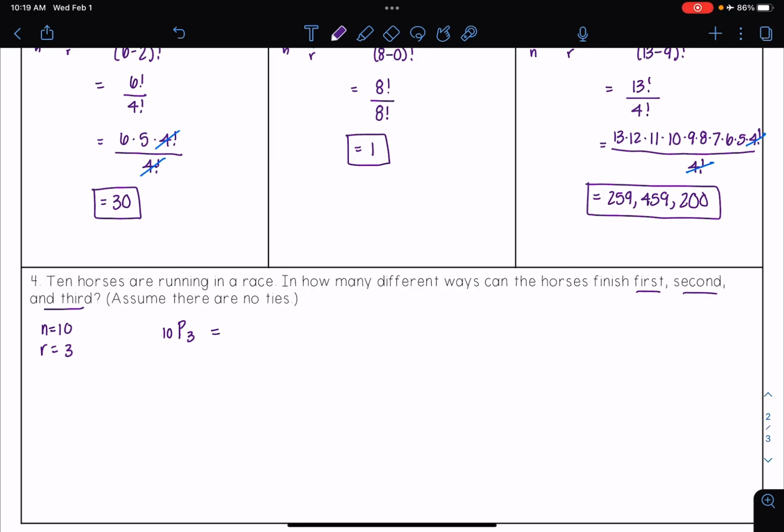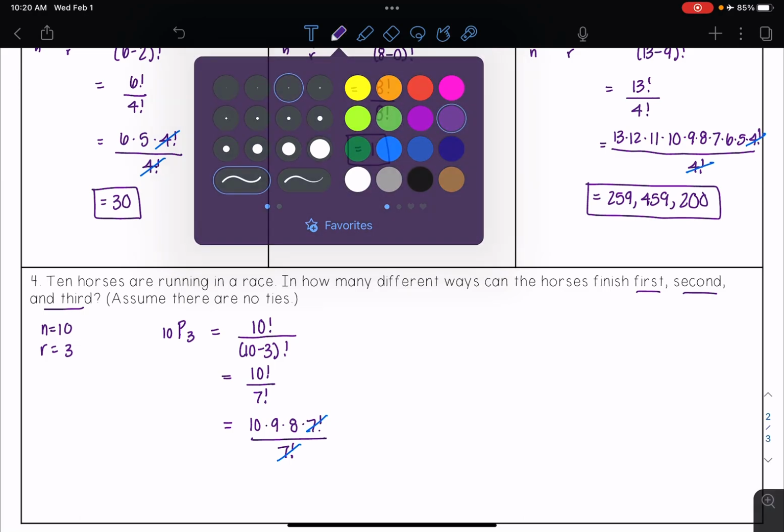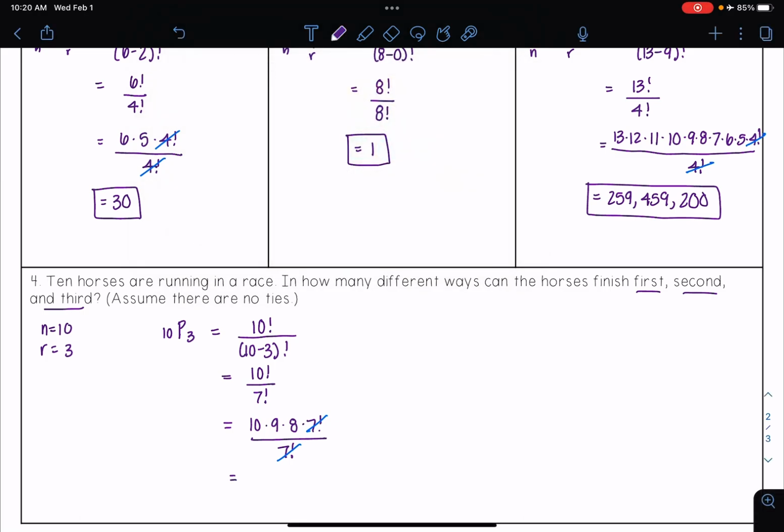Plugging that into my formula, I have 10 factorial over 10 minus 3 factorial, which is equal to 10 factorial over 7 factorial. So I have 10 times 9 times 8 times 7 factorial over 7 factorial. I see that my 7 factorials cancel, and I'm left with 10 times 9 times 8, which is equal to 720. So there are 720 ways for the horses to finish first, second, and third.